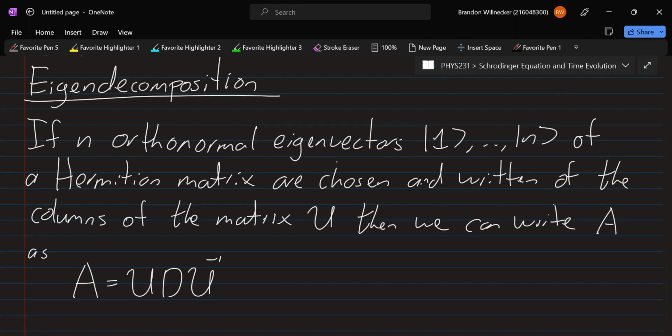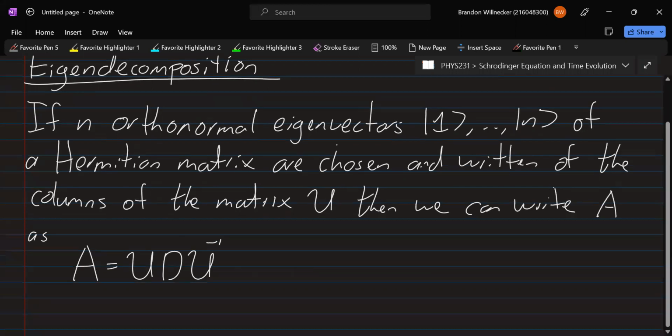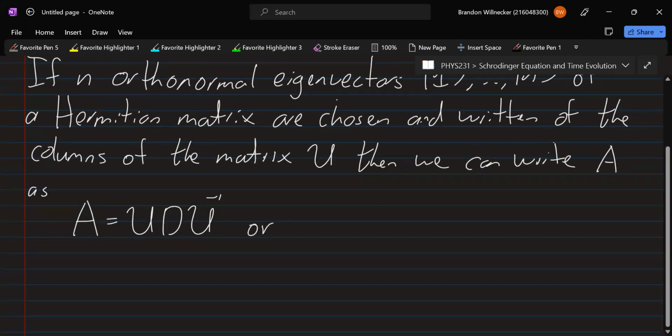That's the diagonalization of A, one of the properties for Hermitian matrices.